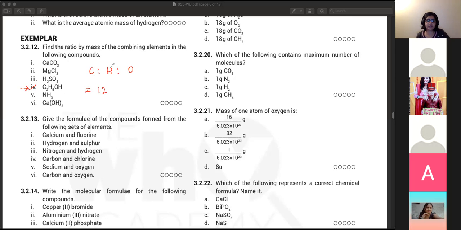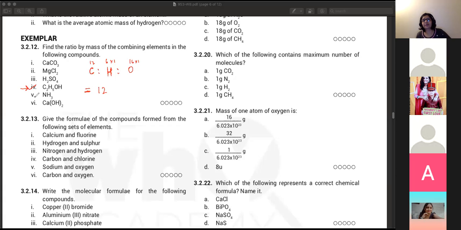Yes, the mass of carbon is 12. What is the mass of H? Ma'am, 1. Okay, so you did 6 into 1, and the mass of oxygen is 16 into 1.